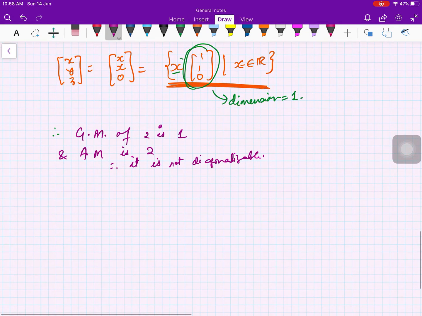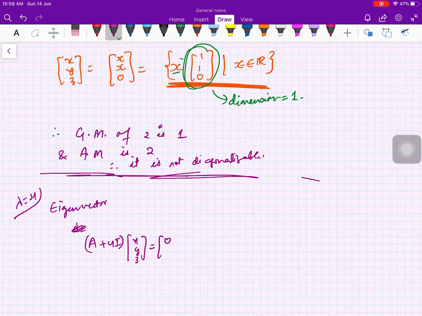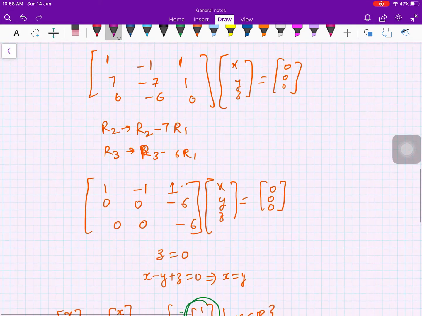Fine, but because we are asked for the geometric multiplicity of each eigenvalue, we can compute it for lambda equal to minus 4 also. But if your question is just to check for diagonalization, then you can stop here. So for lambda equal to minus 4, I'm sorry, to compute eigenvectors you will have A plus 4I times x, y, z equal to 0.